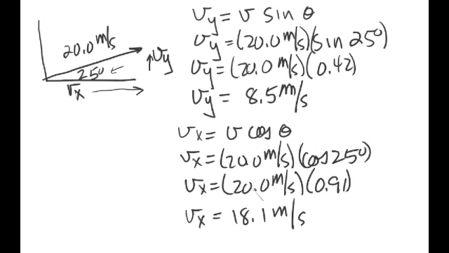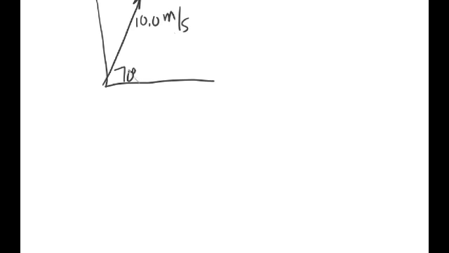Example number 2 is not the opposite, but we're going to take a look at what happens when the angle gets steeper. Here we have an object with a 10 meter per second velocity at an angle of 70 degrees. We're going to take a look at v sub x and v sub y.